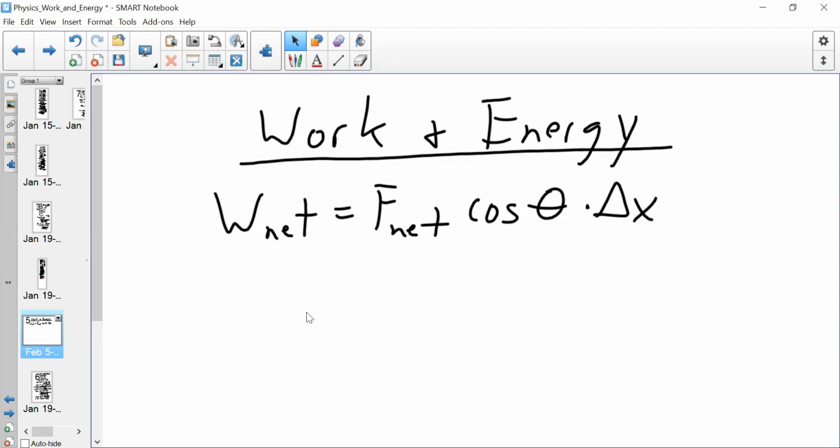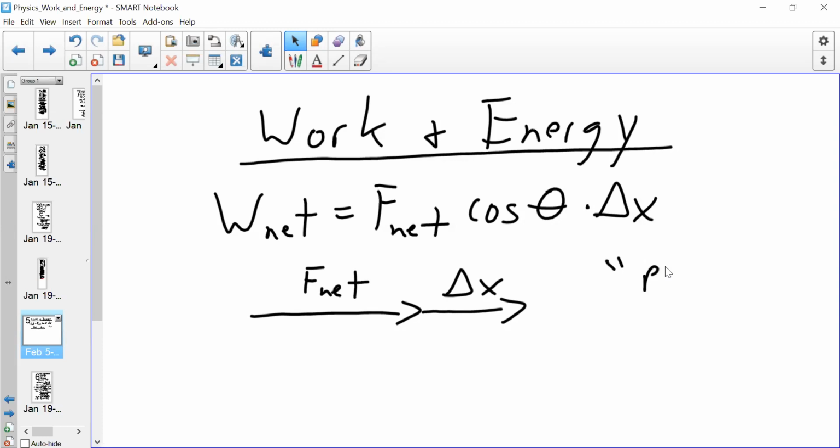And we stated that you can only do work if the force and the displacement are in the same axis. Either they are, quote, working together. Here's delta x, and let's say that you have a net force in the same direction. In this case, they're parallel to each other, and that means that the angle between these two vectors is 0 degrees. And cosine of 0 is just 1.